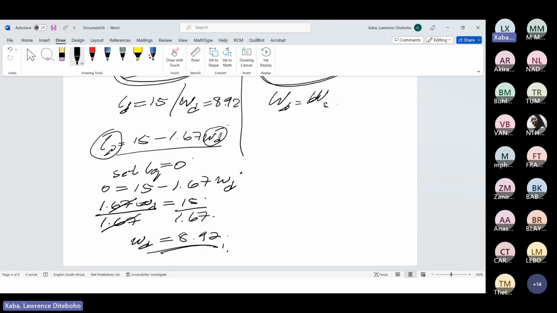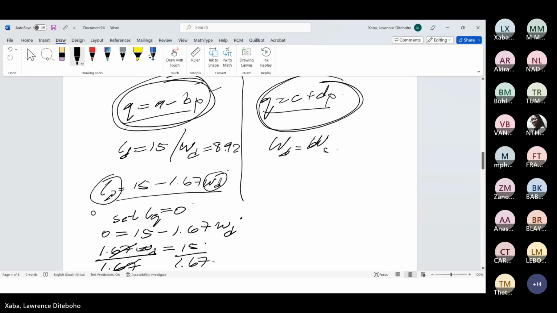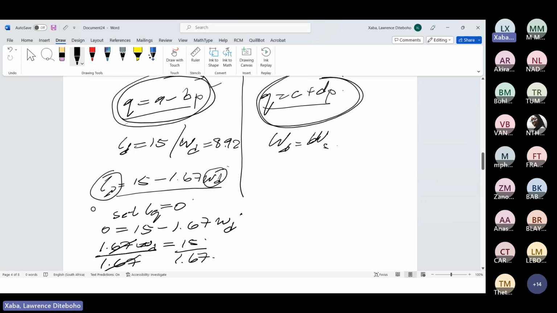So we are moving on. We do the second one using the second equation. The second equation in this case is L subscript S equals to minus 5 plus 2.5 W subscript S. So we do the same.